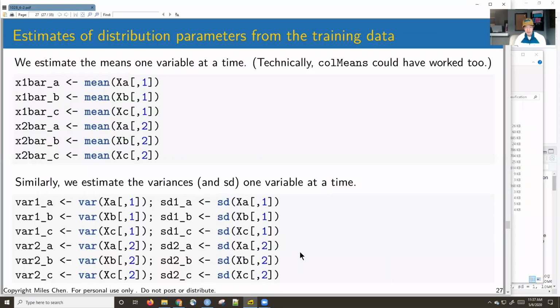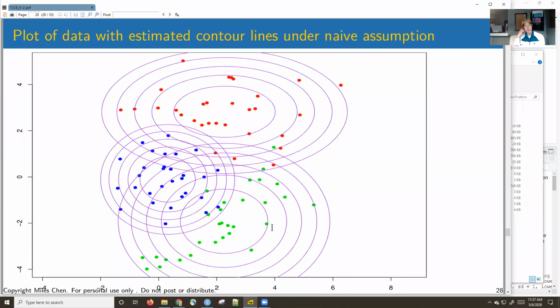So I get the means and standard deviations, and now I plot the estimated contour lines with the naive assumption. With the naive assumption, this is what I'm estimating the contours to be.